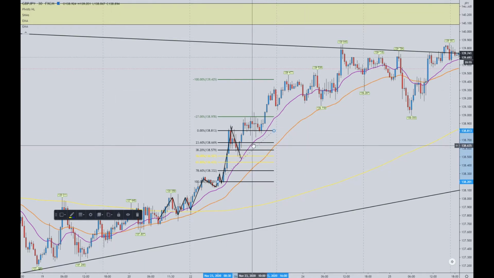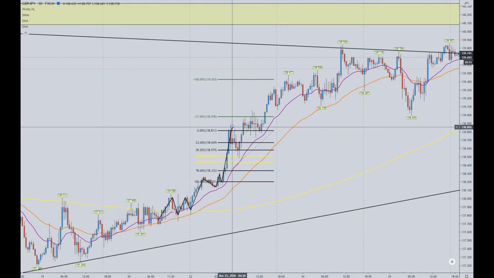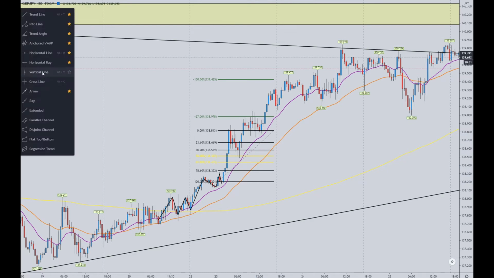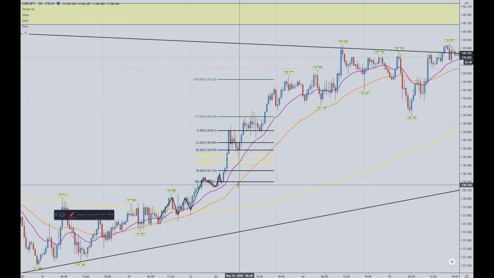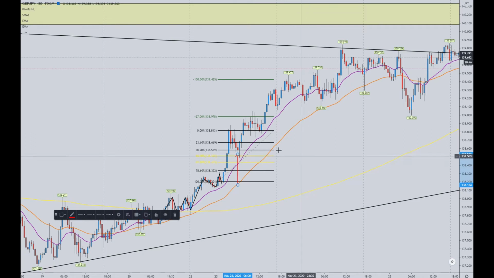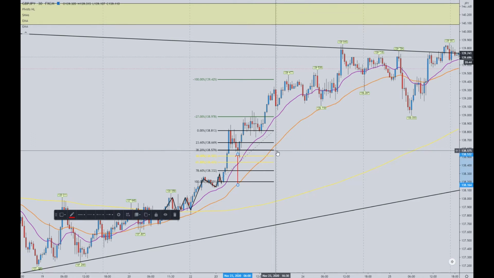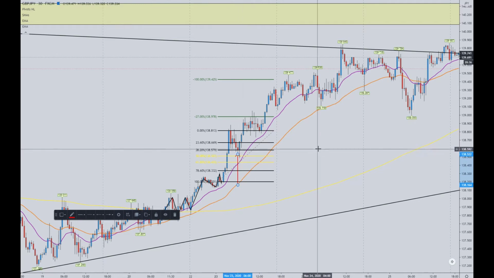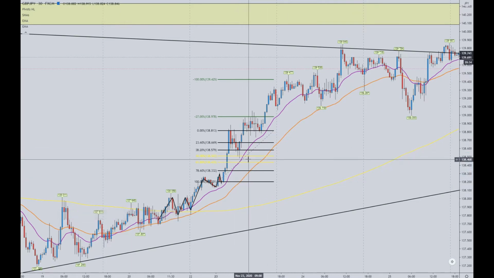And what does it do? Let me remove these lines so you can see it better. It completely rejects and closes at this 38.2% retracement, which is what I call the strong trend retracement. And now once it hits this level, I'm not blindly buying, but I'm going to wait for some kind of bullish price action to give me confirmation that, okay, we're going up now.